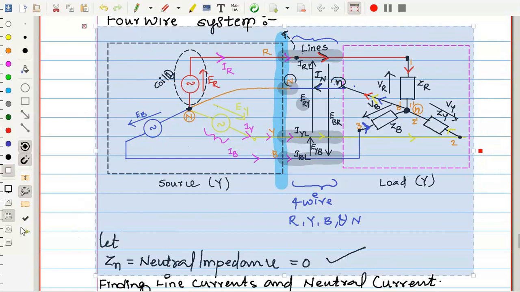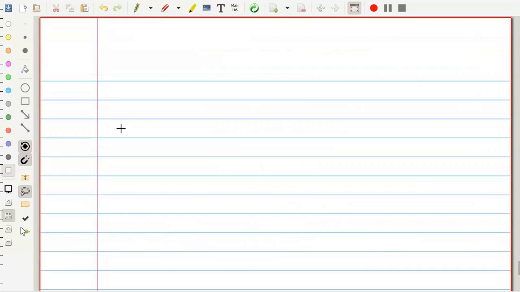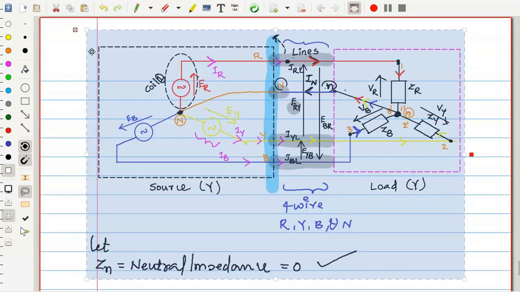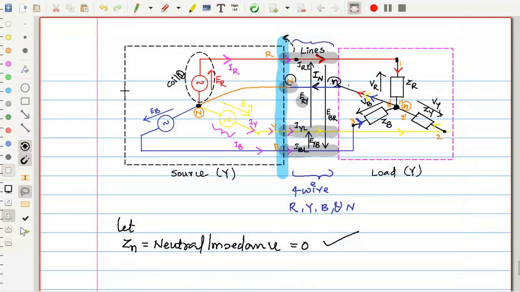Now you should work out this case. So I'll give the clue and you can take up this problem forward and work it out. Let us say this is four wire case 1 and case 2. In case 2, this is very very important. So let me remove a small portion here.